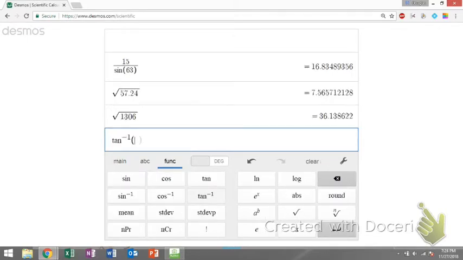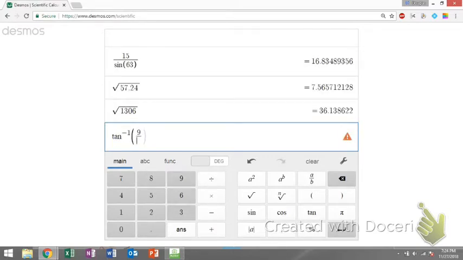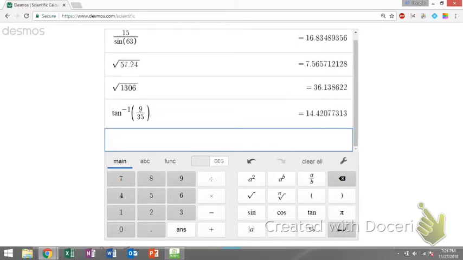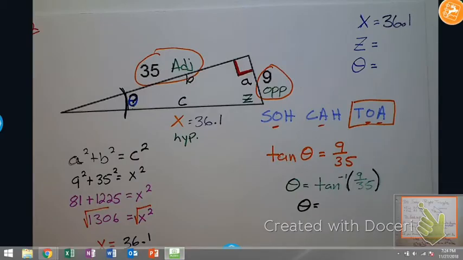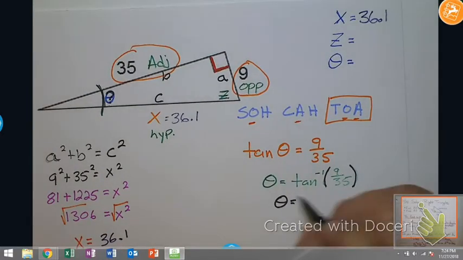Find the inverse tangent function. 9 divided by 35. Close our parenthesis. 14.4. Since we are solving for an angle, we are going to round to the nearest whole angle. Theta equals 14 degrees.